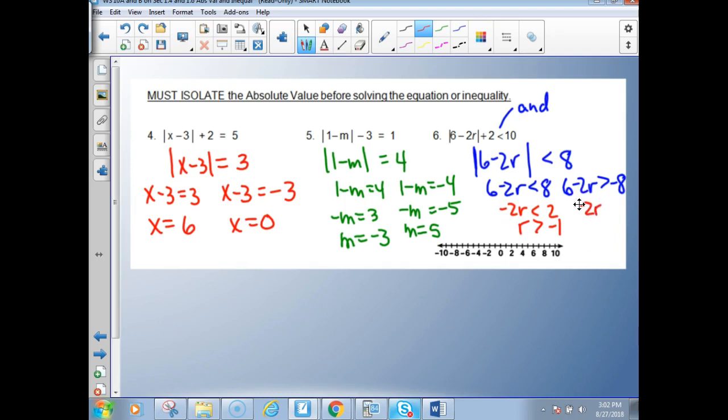On the next part, subtracting 6 gives you -2 times r is greater than -14. Divide by -2, flip the sign. r is less than +7. So it's greater than -1, which is here.